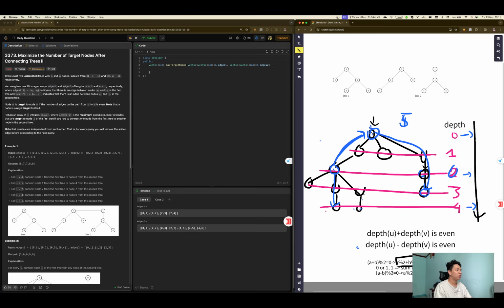The answers for the nodes at even depth are the same, and at odd depth are the same too. So we need to count the number of odd and even nodes on tree one and tree two, and do the same. But we only need to care about two values.